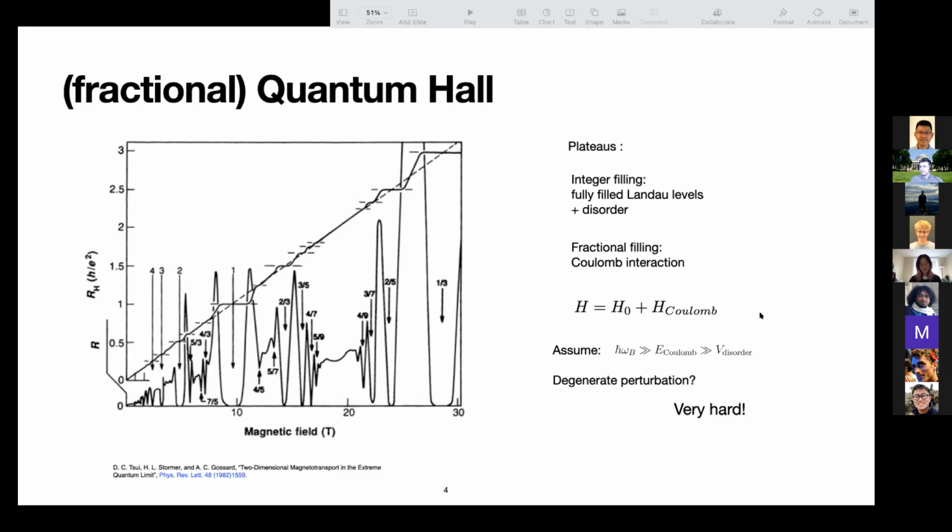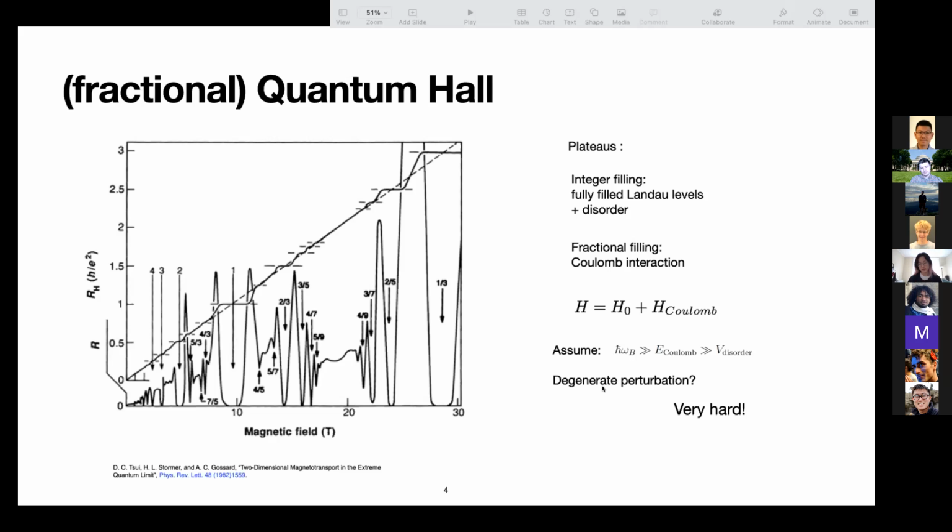With that, the Hamiltonian we're considering basically contains two terms. One is the electron gas coupled to an external magnetic field. We all know how to solve that. It will give us Landau levels. The other one is a Coulomb interaction.